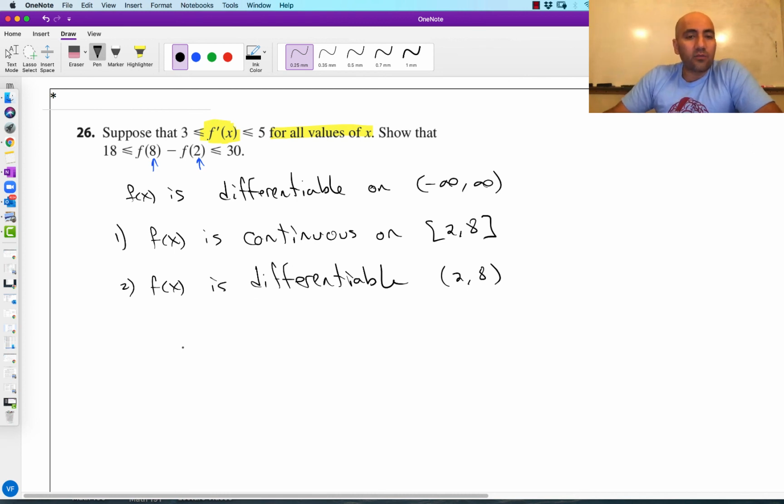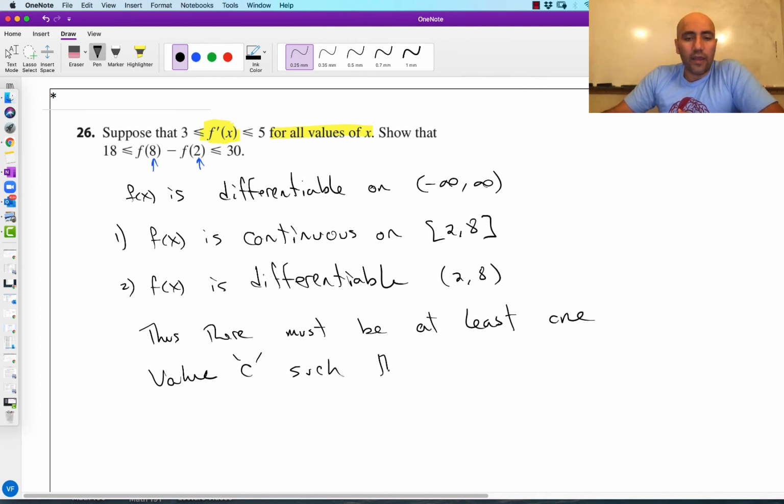Thus, there must be at least one value c such that f prime of c equals f of b, which in this case is f of 8, minus f of 2, all over 8 minus 2.